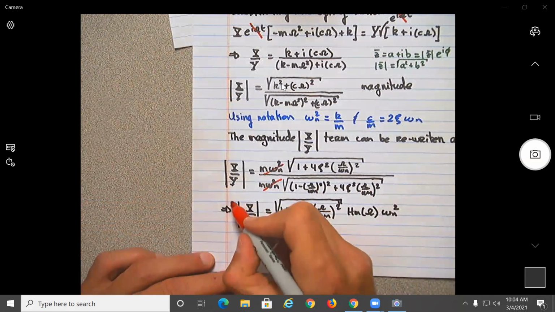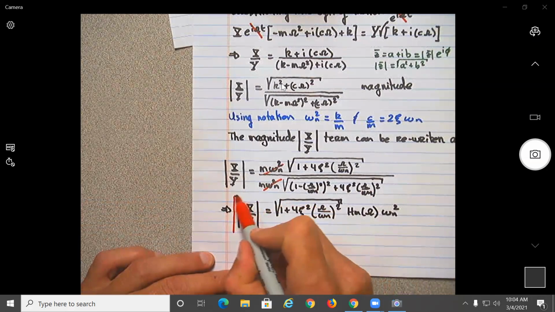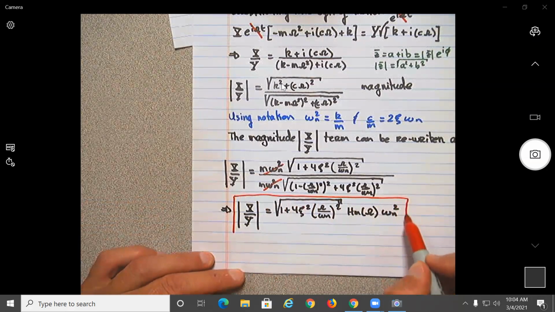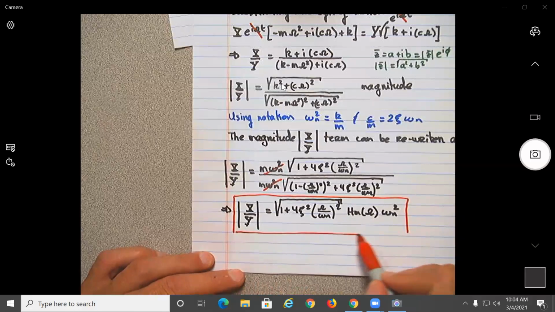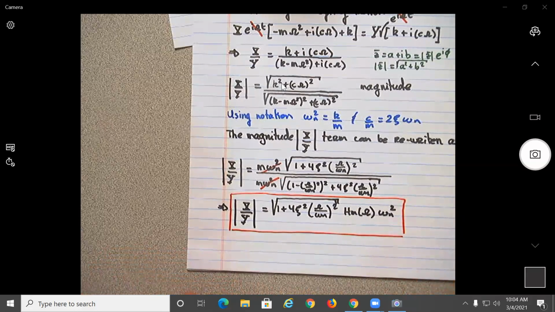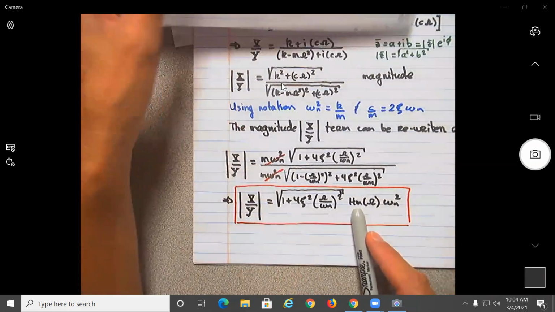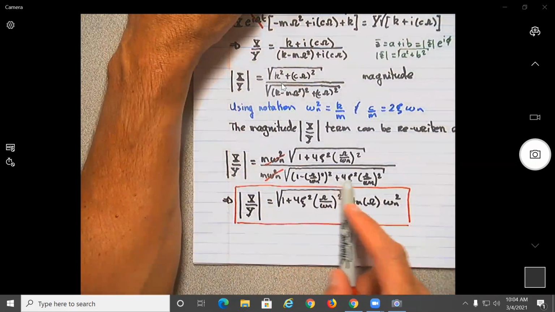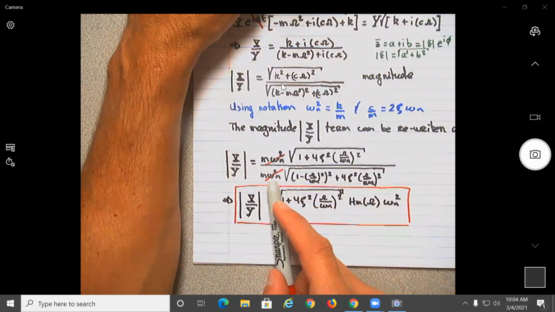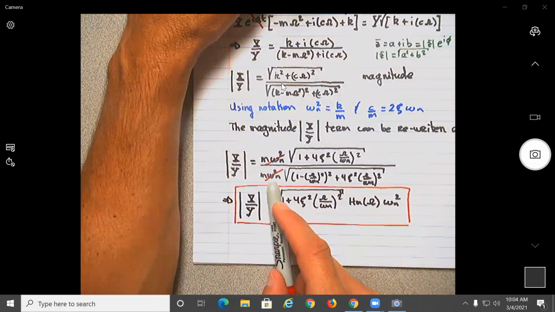So I did not bring my previous class note, but what would be this H(omega)? Remember, this H(omega) is this term here divided by, is this term here with the omega n square, okay?